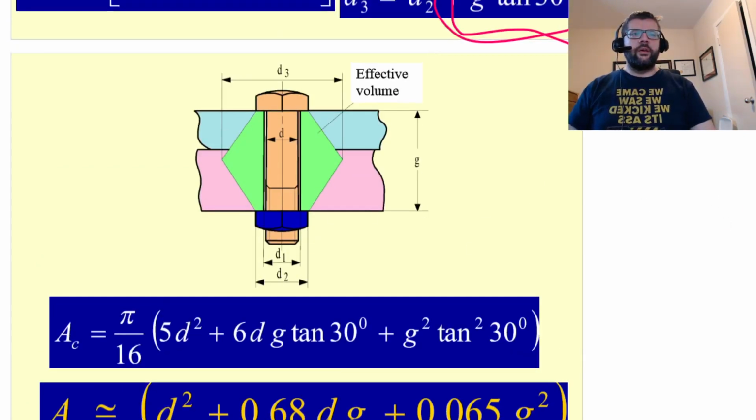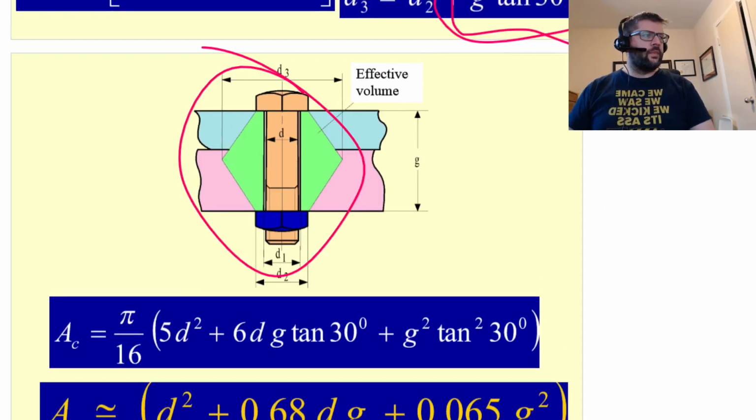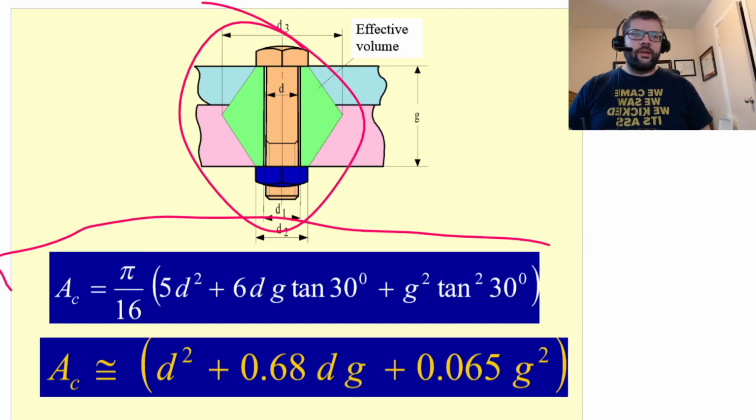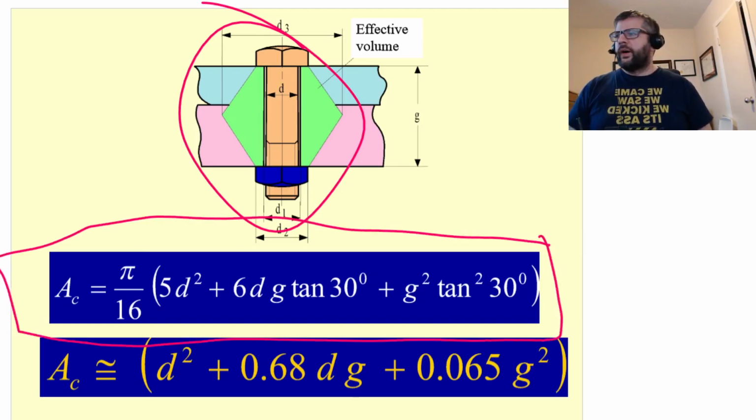So you're going to get it over that effective volume. If we want a bit of an exact value here, then you can do this calculation. Or if you want a reasonable approximation, I would generally go with the reasonable approximation.